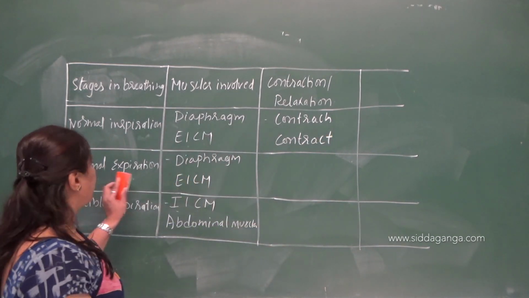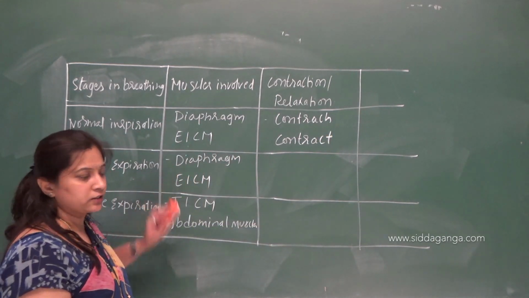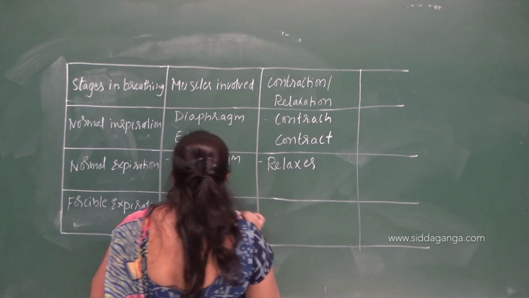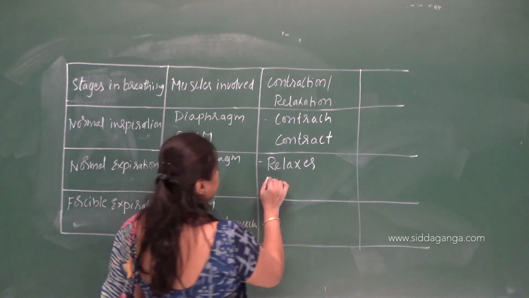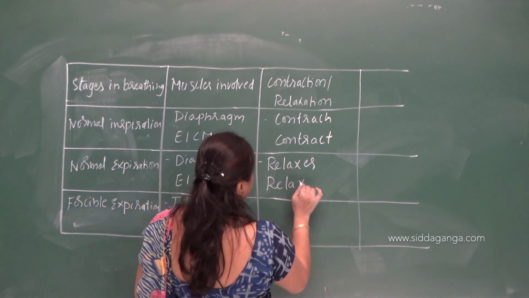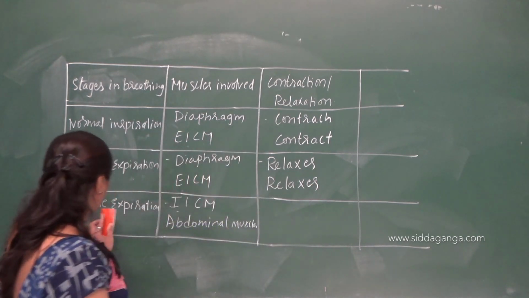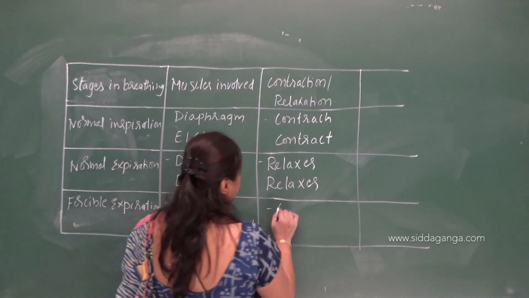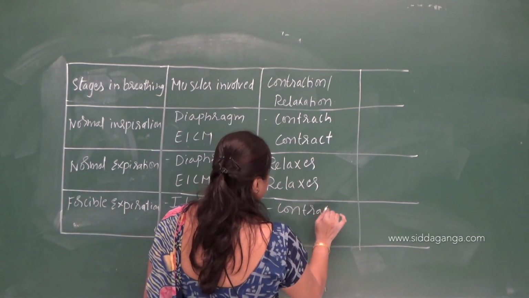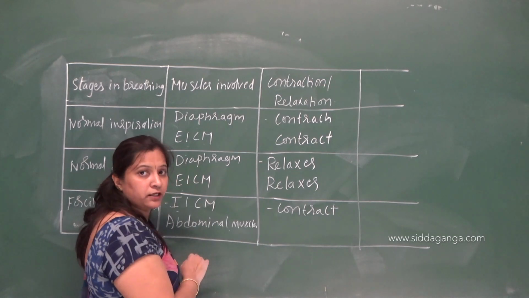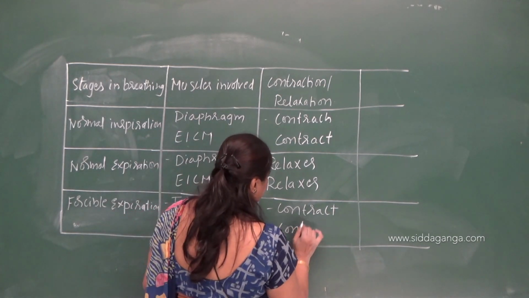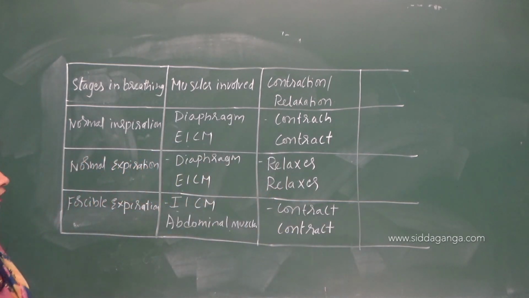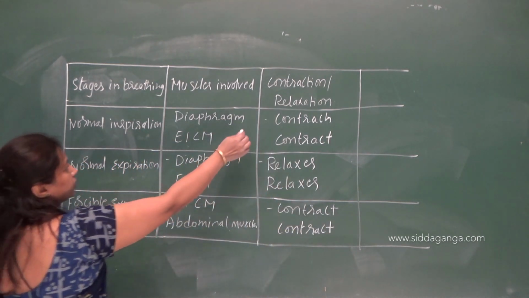Now during normal expiration, the diaphragm muscles relax. External intercostal muscles relax. And during forcible expiration, internal intercostal muscles contract. Again, the abdominal muscles contract.